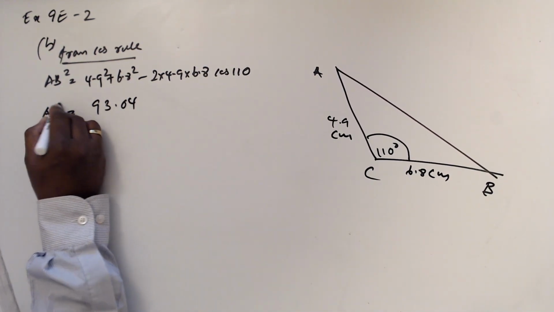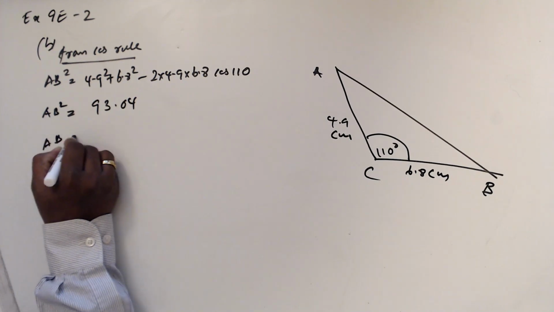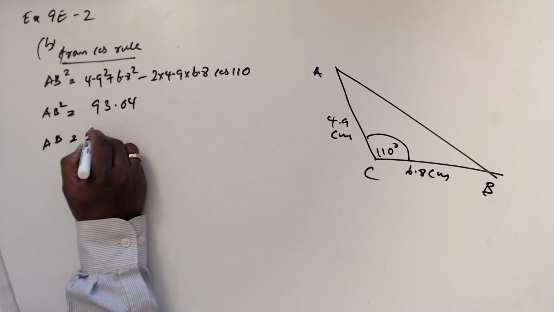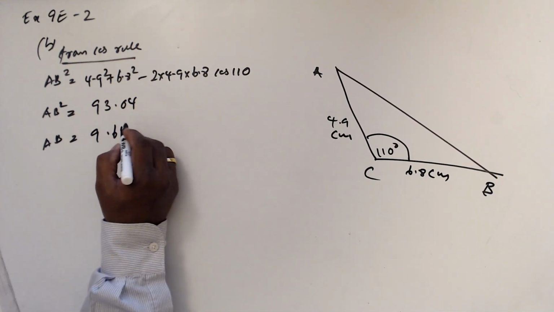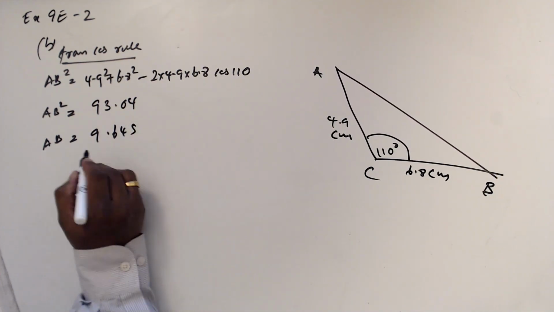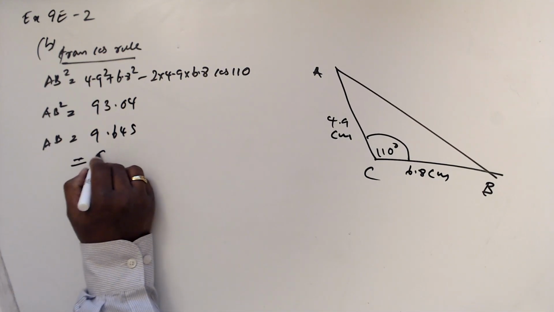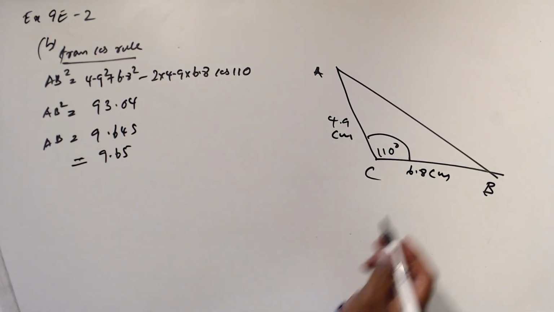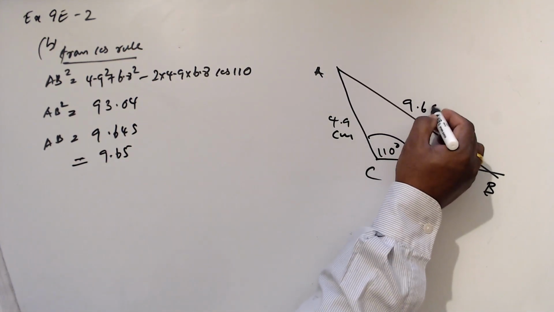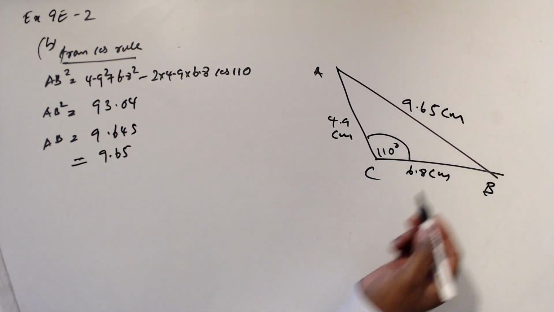AB square, and AB is 9.645, which is 9.65. So this is going to be 9.65 centimeters.